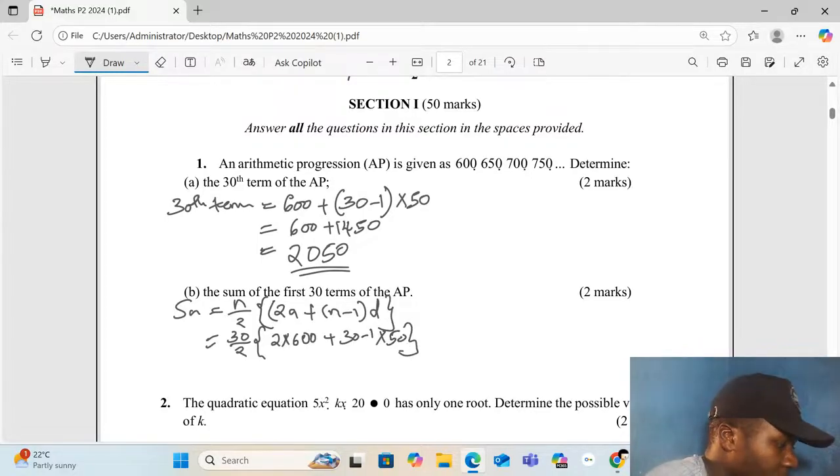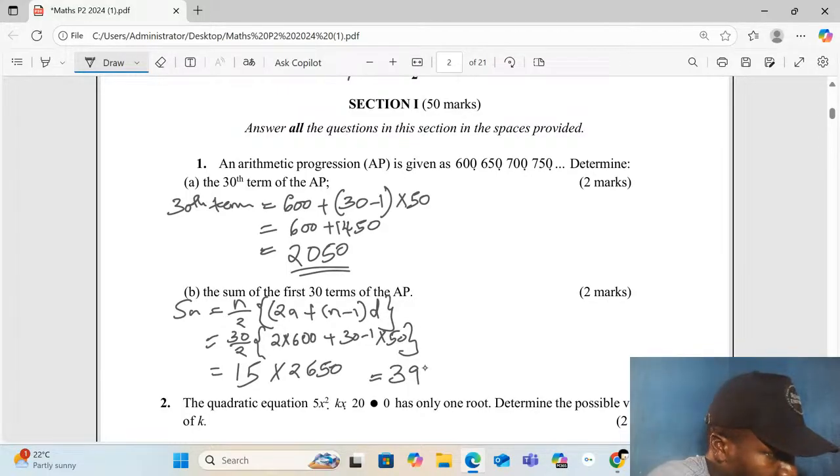Now, when you work this out, 30 divided by 2 is 15. So you're going to get 15 times, when you work the brackets out, 2,650. And therefore, when you multiply 15 times 2650, you're going to get 39,750.